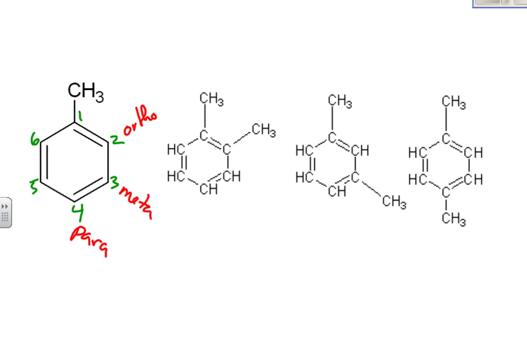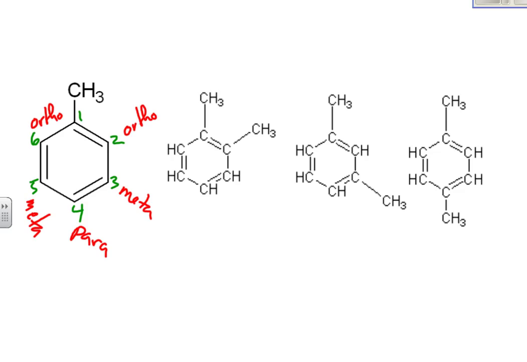So ortho, meta, para. And then if you were to look at positions 5 and 6, they would have the same name. So position 5 would also be a meta position because it's 2 away from the top one, and position 6 would be an ortho position.